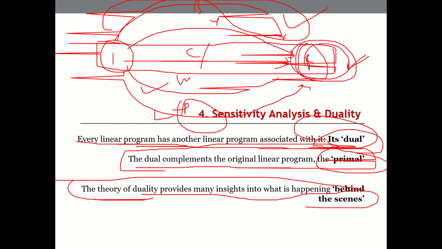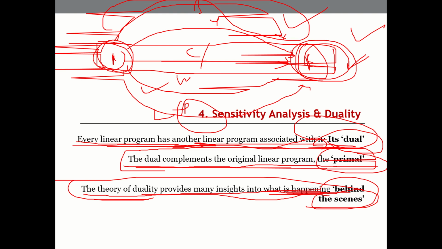If you read this now with this understanding, it says the theory of duality provides many insights into what is happening behind the scenes, and the dual complements the original linear program, and every linear program has another linear program associated with it. It's called duality. So there's an alternate way of reaching this place as well, that we have excluded.